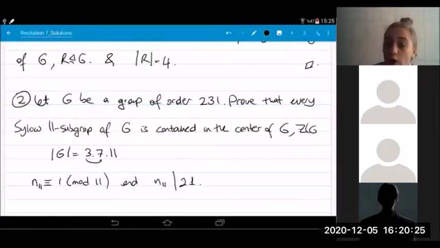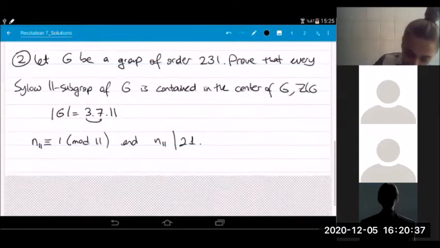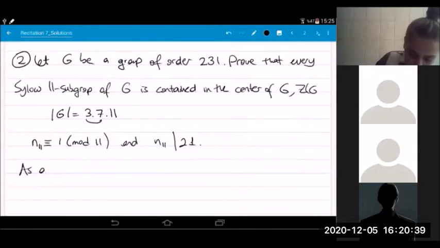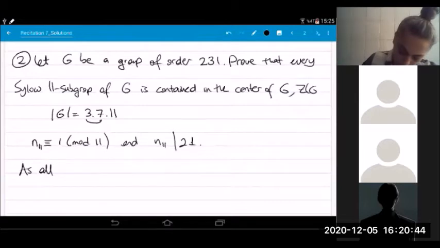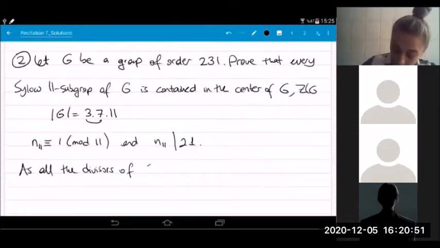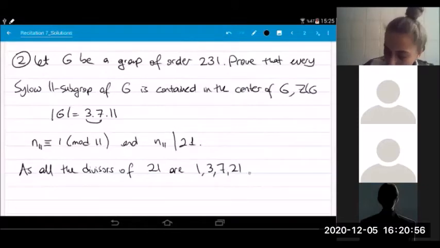So it has only one possibility, which is 1, because the divisors of 21 are 1, 3, 7, and 21, and N11 has to be equal to 1.